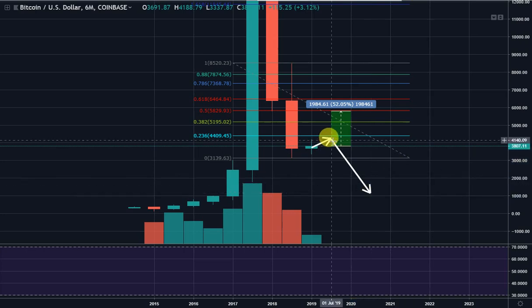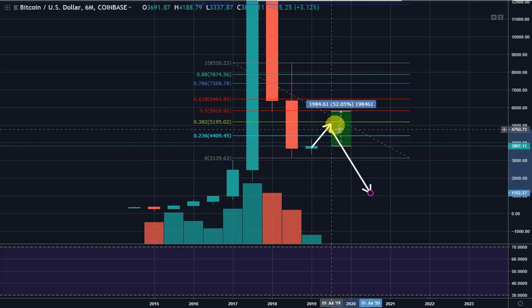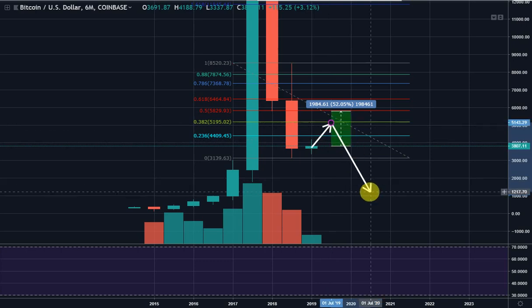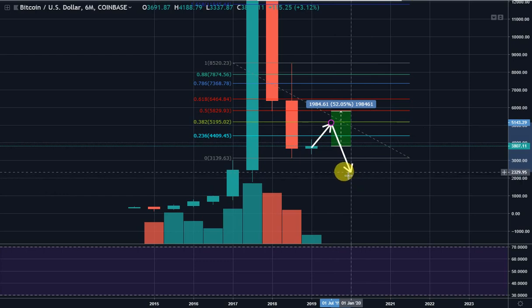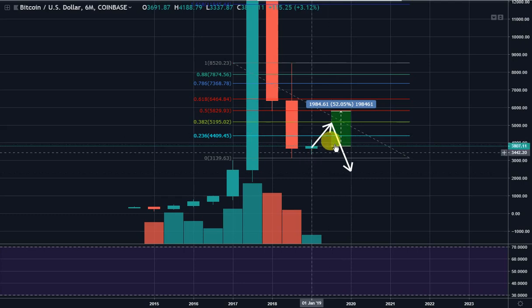Now, if we can get above 4,400, say we rally to the 38%, that's a little bit of a stronger move, and then it's possible that we go maybe down to this 2,300 level.